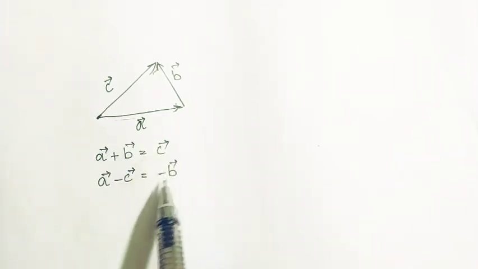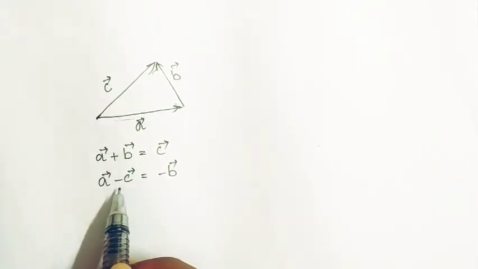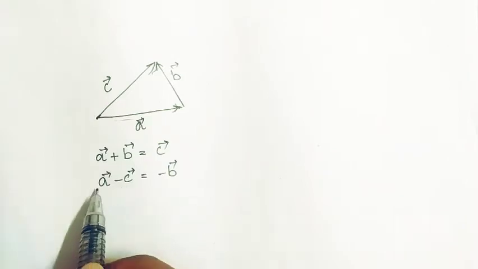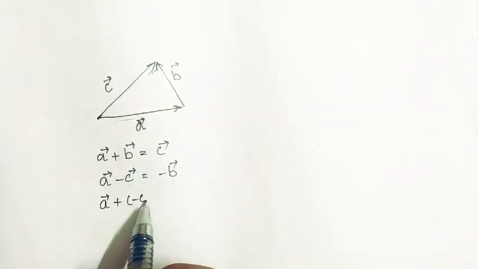From here we can write down this line: a vector minus c vector. Allow me one line extra.